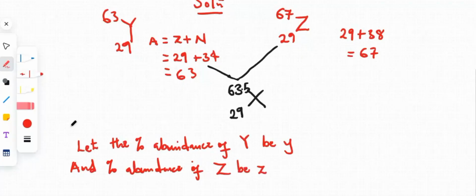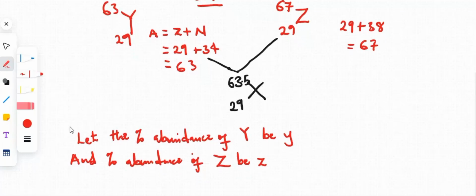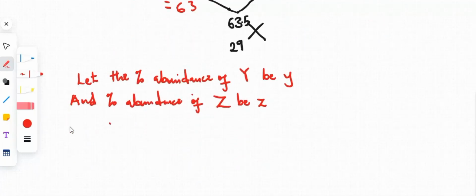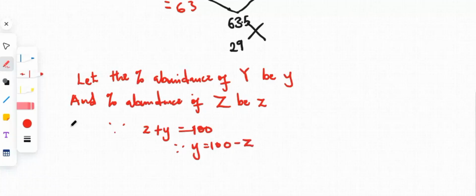But remember that since it's percentage, their sum must give you 100%, right? Therefore, we can now say that z plus y is equal to 100%. So you can therefore say your y is equal to 100 minus z. So this is the percentage abundance of your y.